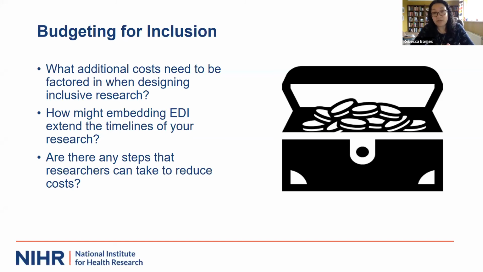The message that we have received from a number of funding committees within the NIHR is that EDI is increasingly being taken into account when bids are being reviewed, and that the reasonable costs of conducting more inclusive research can be met if clearly justified. The toolkit maps some of the potential cost and time considerations against each of the domains, and we'd encourage you to have a look at this individually for your project, as not all costs will be relevant to all projects.